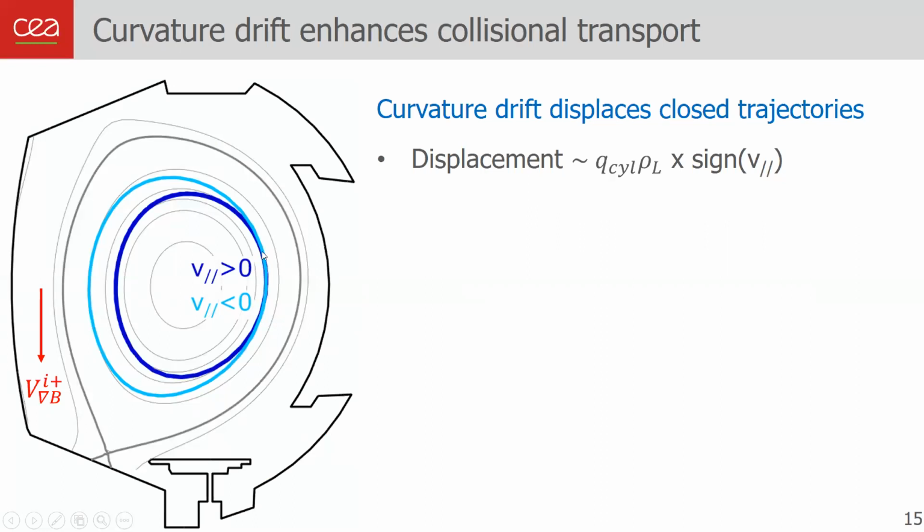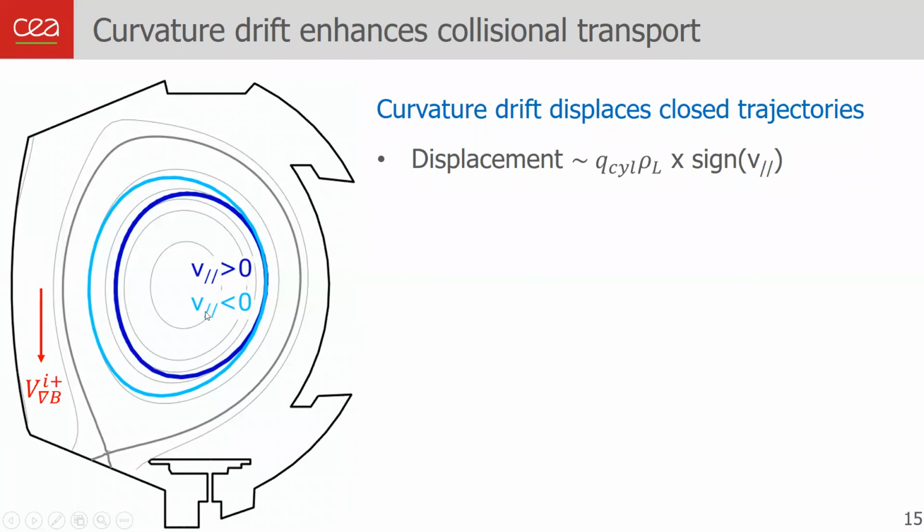It will follow the field lines, so it follows normally the magnetic flux surfaces, but we also have the vertical drift. So, for instance, an ion moving along the current will go up, and with the vertical drift will experience a trajectory which is shrunk compared to the ideal magnetic flux surface.